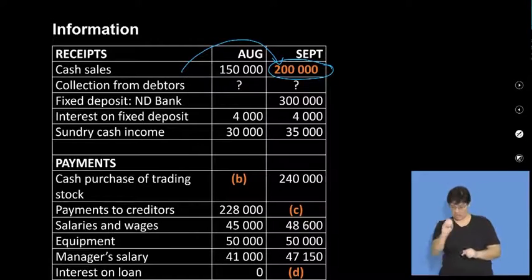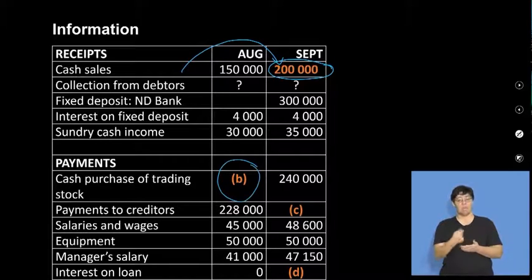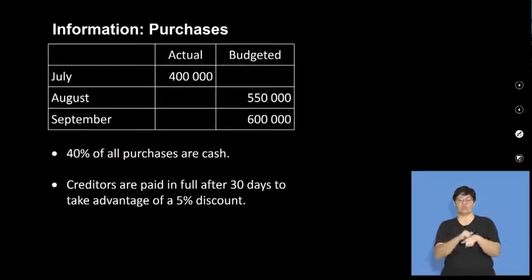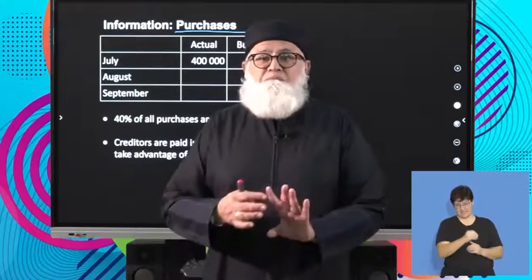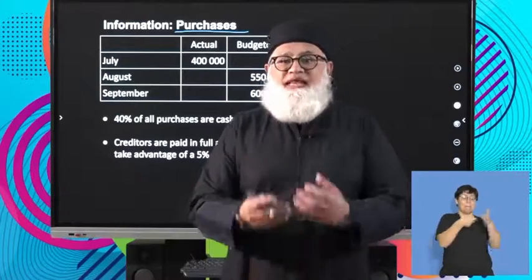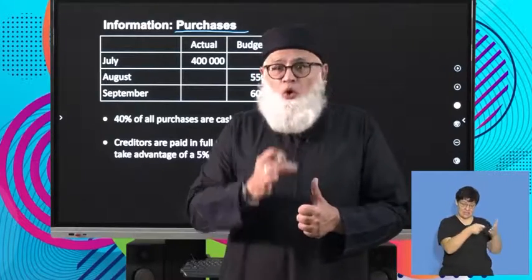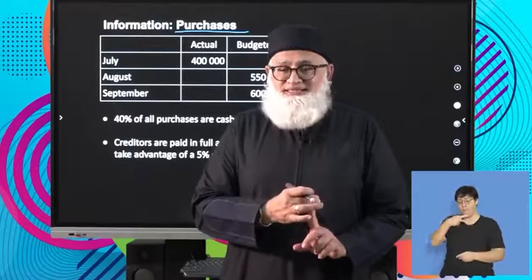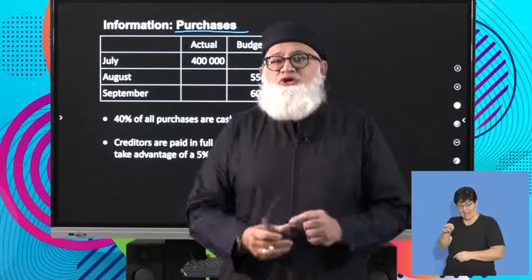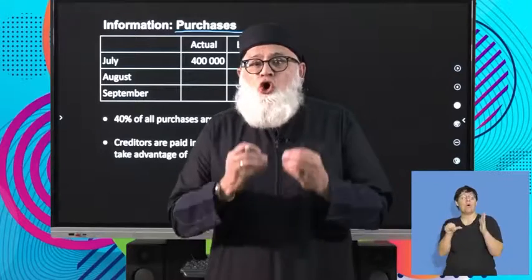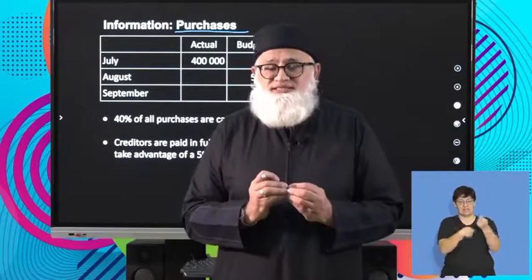Right. The next thing that I have to calculate is my cash purchase of trading stock. Let's see the information that we have regarding purchases. In this question, the examiner was kind to you. They gave you the purchases figure. But remember, whenever you're calculating either cash purchase of trading stock or payments to creditors, the most important figure you have to calculate is your cost of sales.